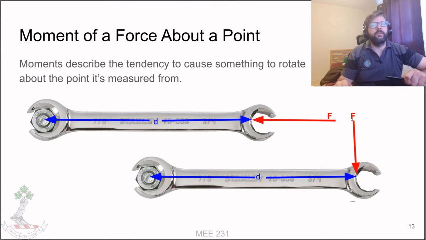Whereas if instead we apply a force at the other end of the wrench that is perpendicular to the vector from the point of origin to where the force is applied, then we get what we call a moment. And that moment describes the tendency for this wrench to want to rotate about this point.